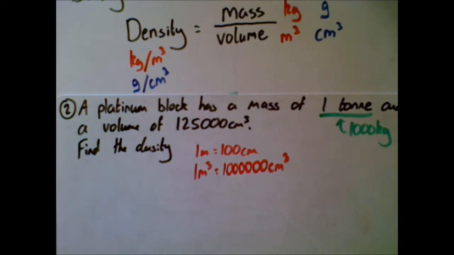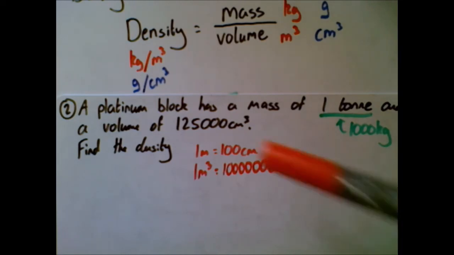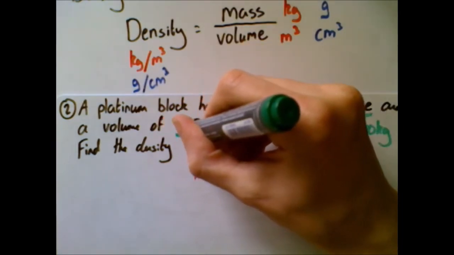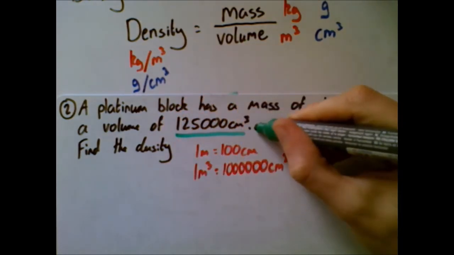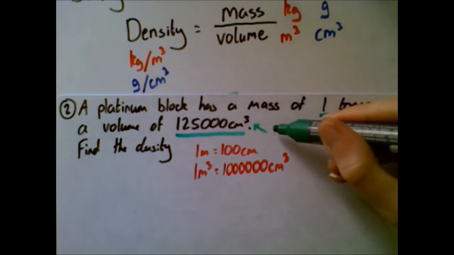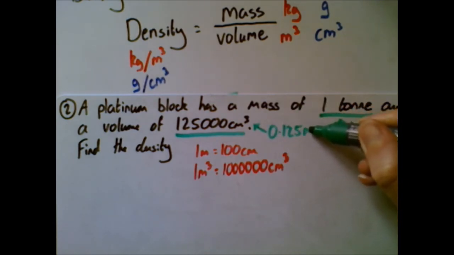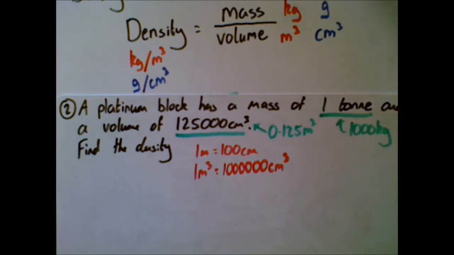Okay, and so actually, 1 cubic metre is 1,000,000 cubic centimetres. So in order to convert this 125,000 cubic centimetres into cubic metres, we have to divide that by 1,000,000. And so what we actually get then is 0.125 cubic metres. Okay, so always try to bear that in mind.